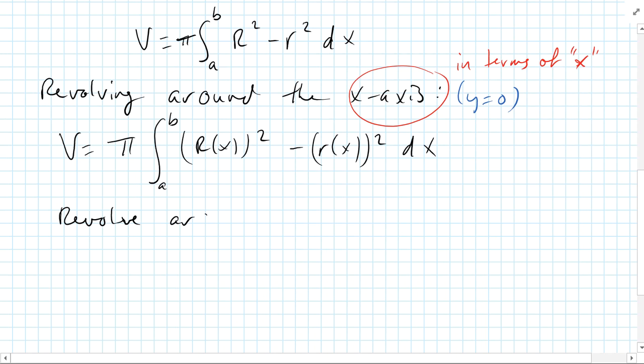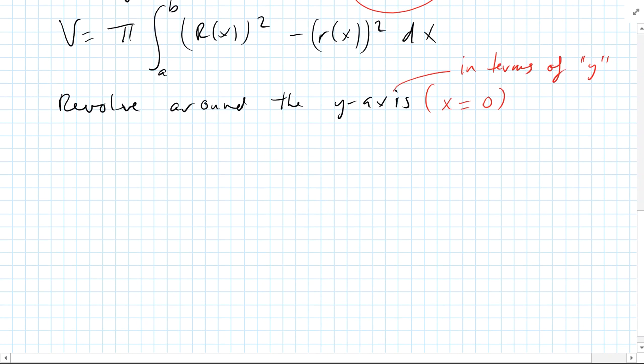Okay, what if I'm revolving around the y-axis? What is the formula for the y-axis? The axis of rotation is x equals 0, and it's all in terms of y. So what do we do?